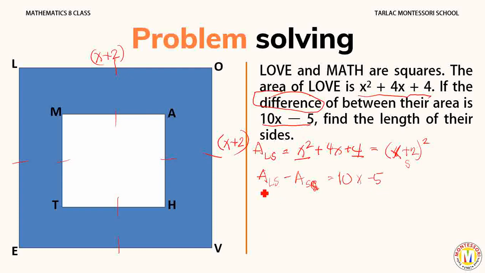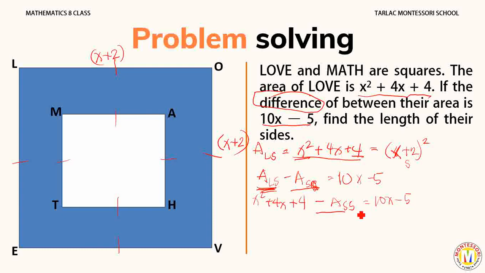And then we are given the area of the larger square, which is x squared plus 4x plus 4. So we just substitute this one. Minus the area of the smaller square, which is not given, so we'll just assign it as s, and then we copy 10x minus 5.